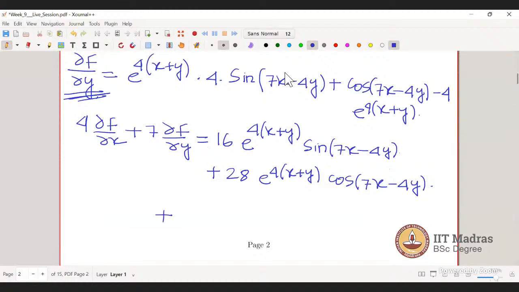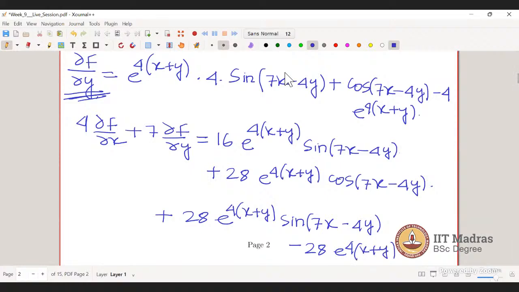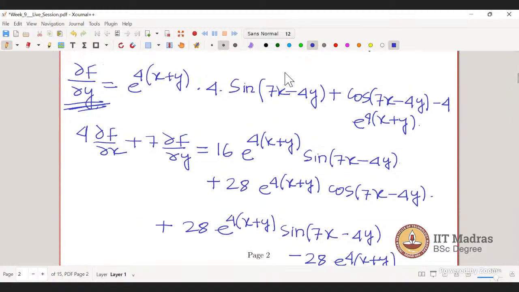So then what I will get is 28 e^(4x+y) sin(7x minus 4y), minus 28 e^(4x+y) cos(7x minus 4y).